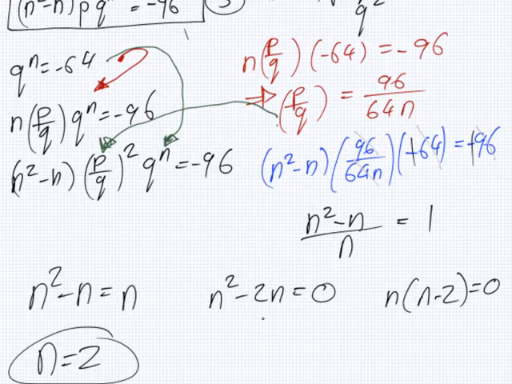We can have a pretty good guess at what it's going to be, because if you have a cube and a power and the answer is minus 64, you probably know the cube might be a 2 and the n would be the power to make 64, but we don't know that for certain, because this cube could have been any number and this n could have been any number, and there are many combinations to make 64. I never said in the question that P and Q need to be integers. So if they were integers, we'd be finished. But because they could be anything, we're not actually finished.